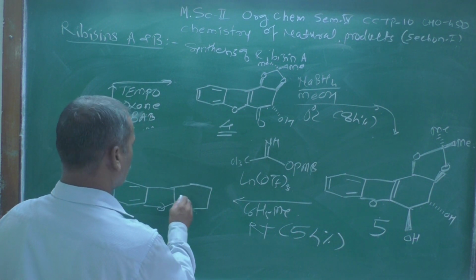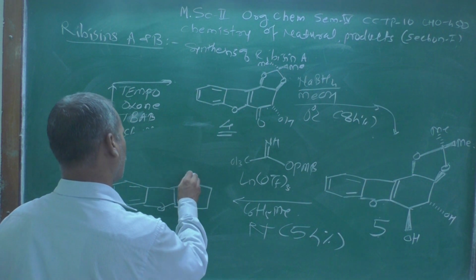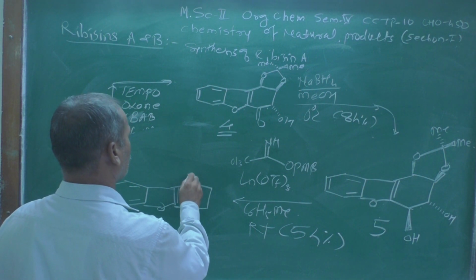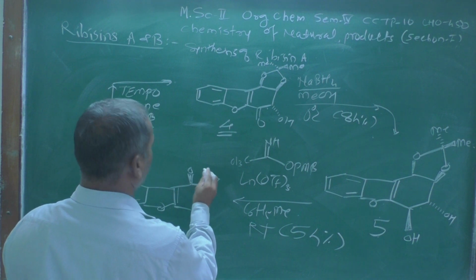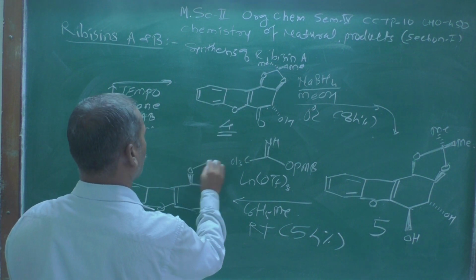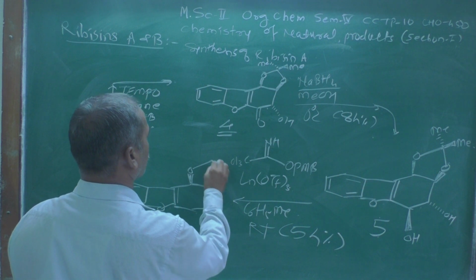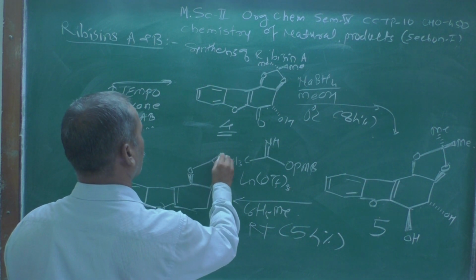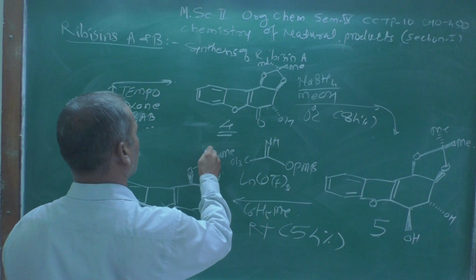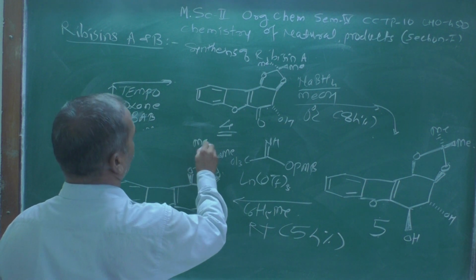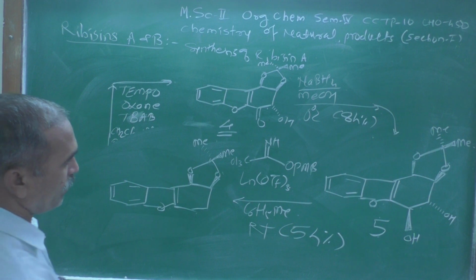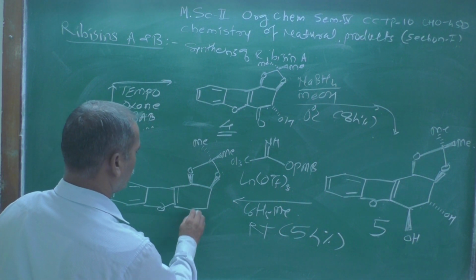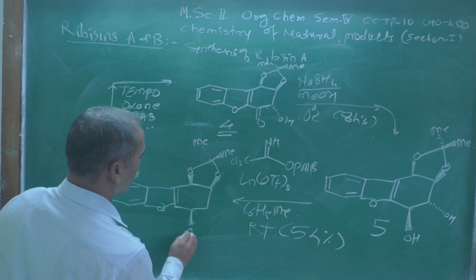Here this double bond also remains as it is, and this part, the protected hydroxyl group, remains as it is over here. Here is a methyl group, here also a methyl group. Now only here, this is above the plane.